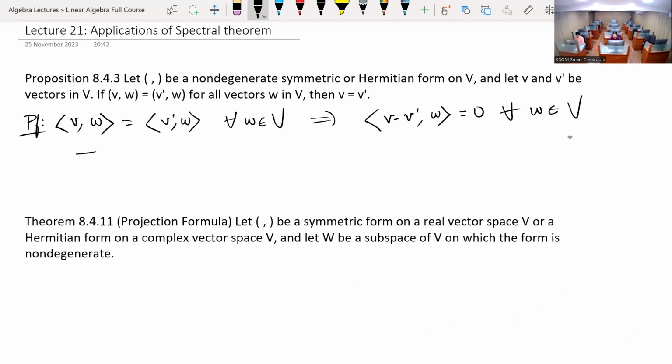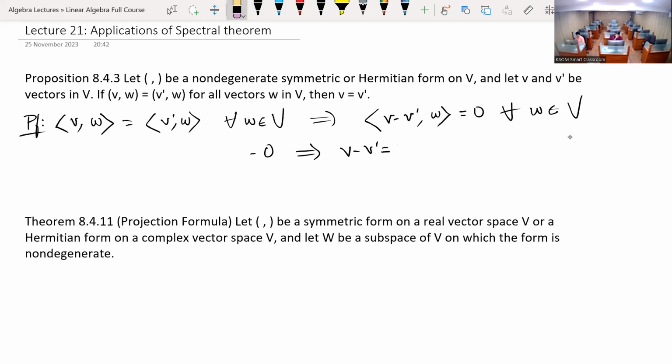Now in particular it tells you that V minus V prime comma V minus V prime is also 0, because it's true for all W. Oh, sorry, I started using the fact that it's positive.